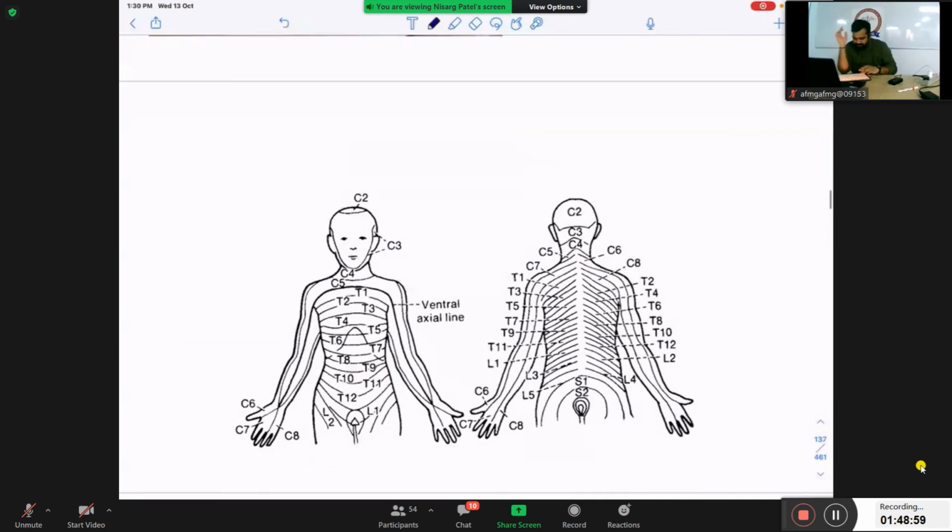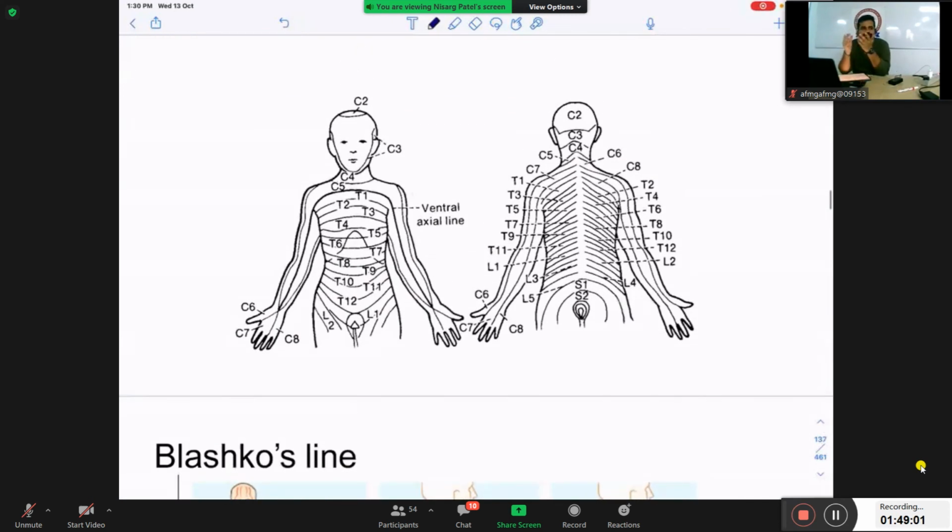So what are these dorsal roots? These are the dorsal roots which innervate our skin all over the body. From the scalp, if you start, this is the C2 segment. So from the cervical, I have superficial nerves which are stimulating my skin. C3, C4, C5. So these are the dorsal root.